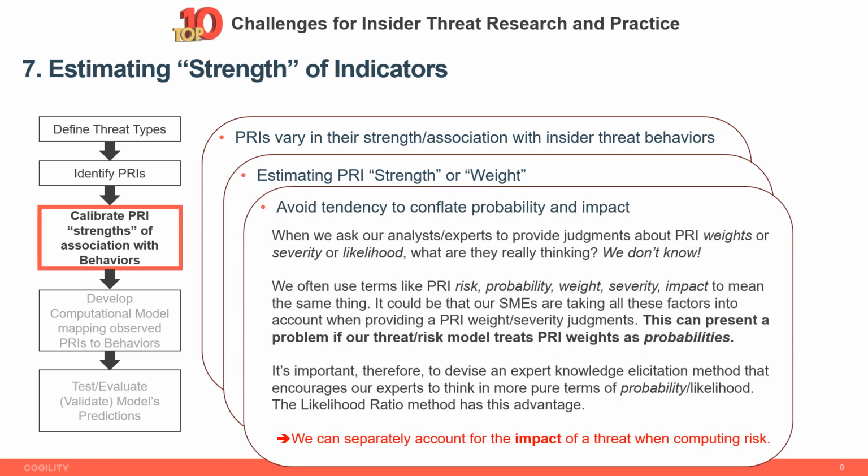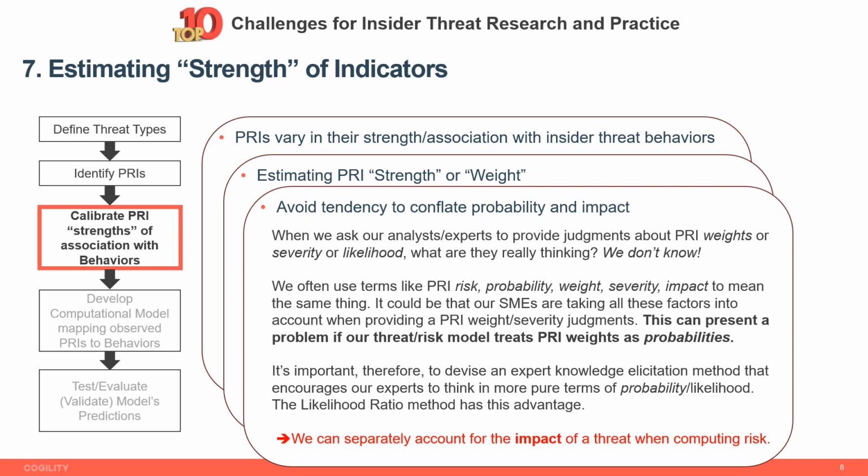When we ask our experts to provide judgments about PRI weights or probabilities, we should recognize that we really don't know what the analyst is thinking. Are they able to cleanly identify the probability we seek? Or is it possible that they might be conflating the probability concept and the perceived impact of the target behavior?